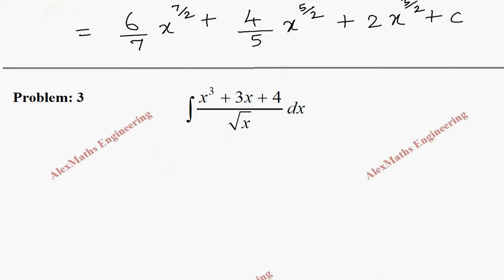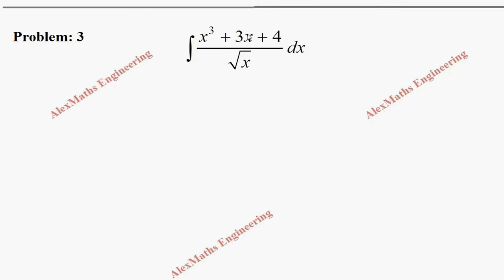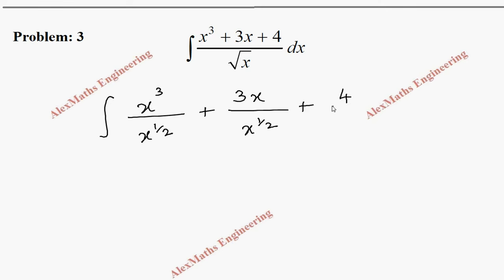Next problem, we have x cube plus 3x plus 4 whole divided by root x. We have to divide individually. So this is x cube by root x, which is x power half. Then the second term is 3x divided by x power half plus 4 by x power half into dx.